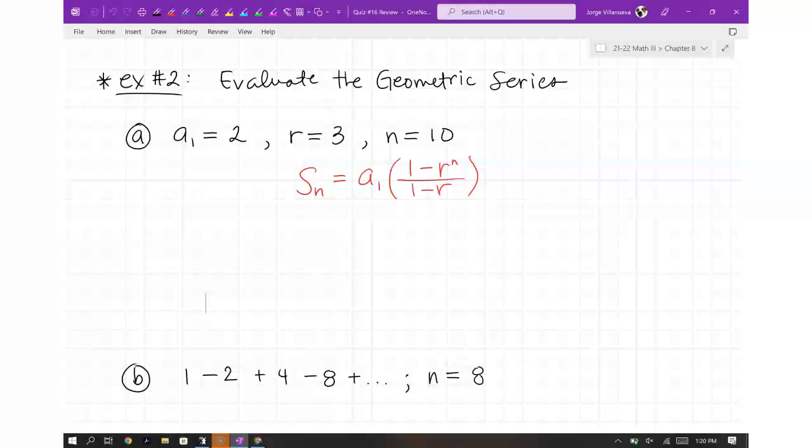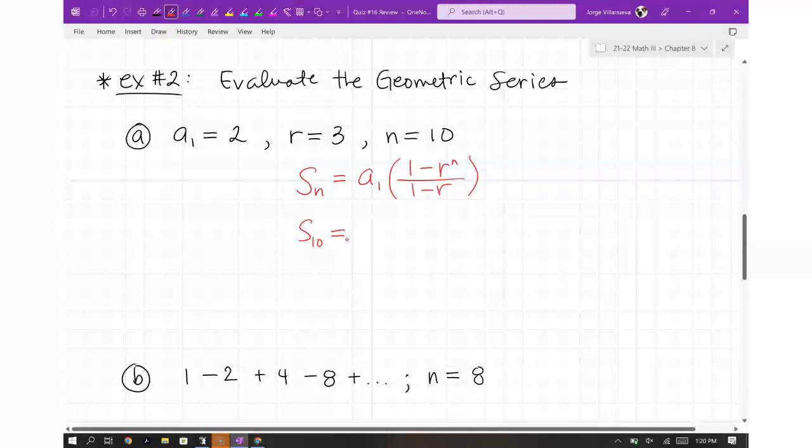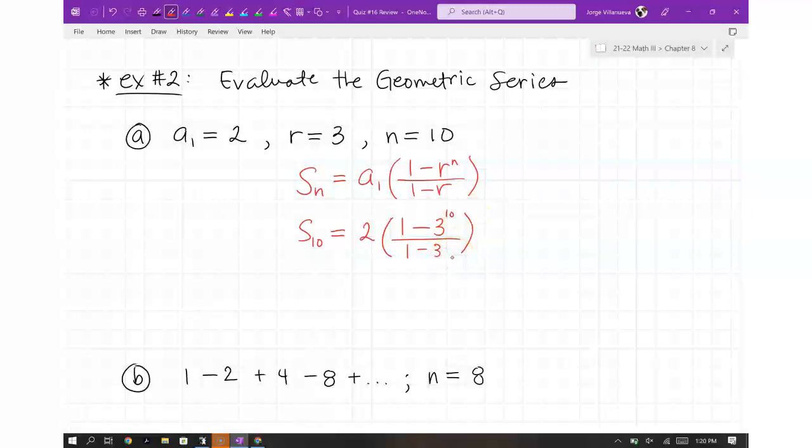So here we go. S sub n, that's S sub 10, equals A sub 1, which is 2, times (1 minus R, which is 3 to the 10th), over 1 minus 3. Now you could simplify this if you want. I'm just going to go ahead and put that into a calculator.